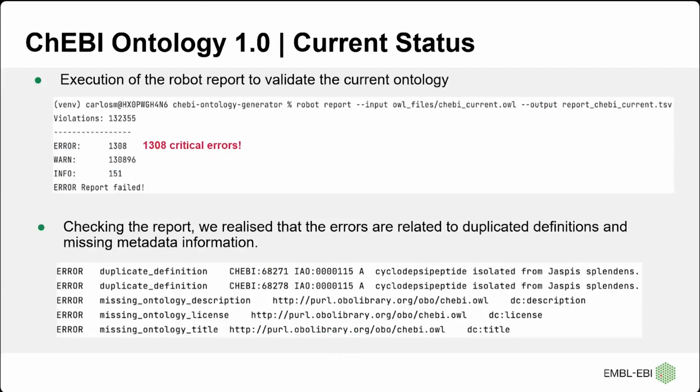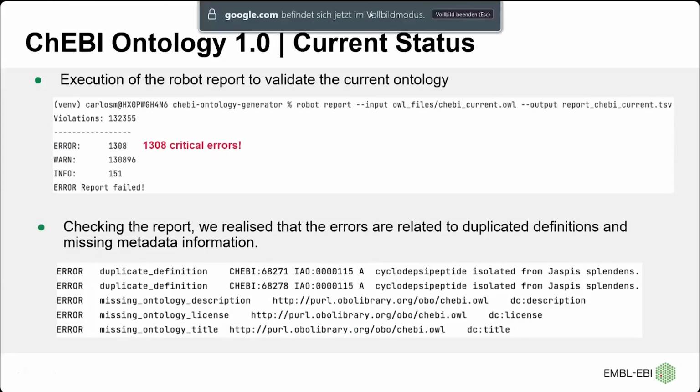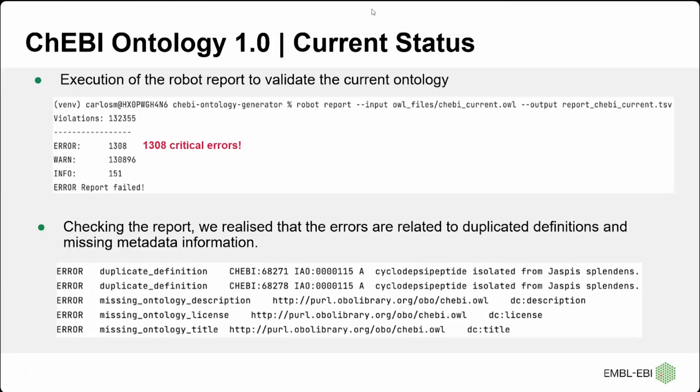So I am using ROBOT, this famous tool to create and maintain ontologies. ROBOT provides this robot report functionality. So I get some numbers basically, and I get some errors as well.